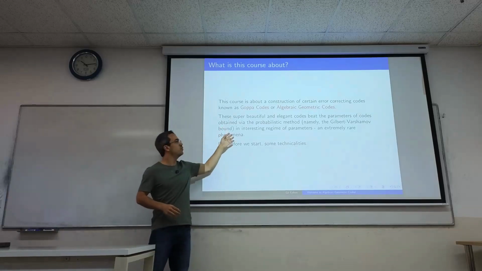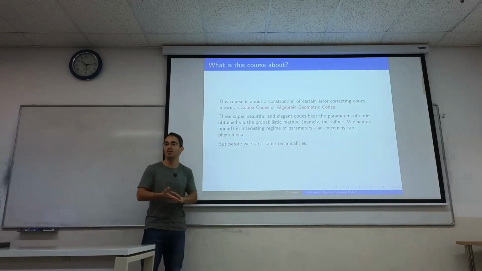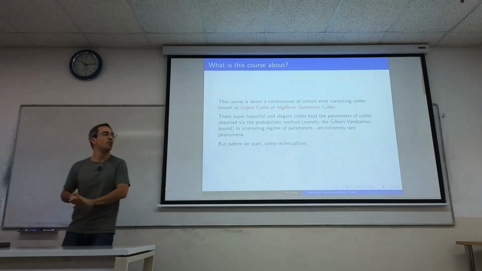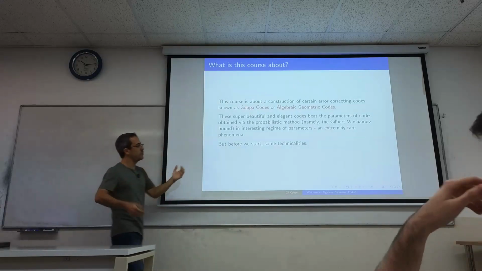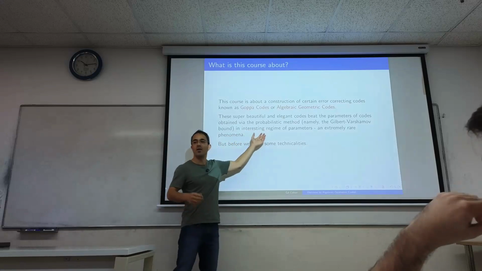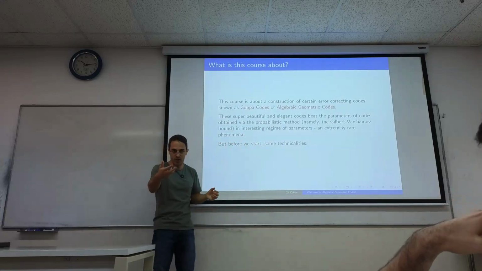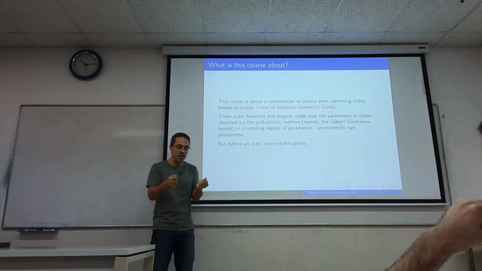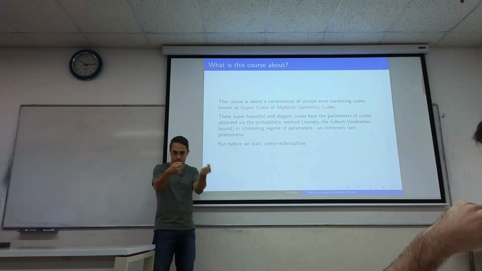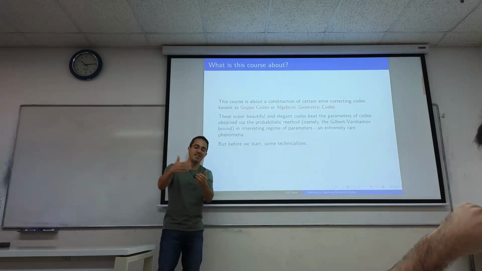Not only that, do you know what the probabilistic method is, for example? Most of you, some of you, yeah. So maybe for those who don't, the probabilistic method is a way of proving the existence of an object that we care about without giving us any effective way of constructing it. So it does something for us.